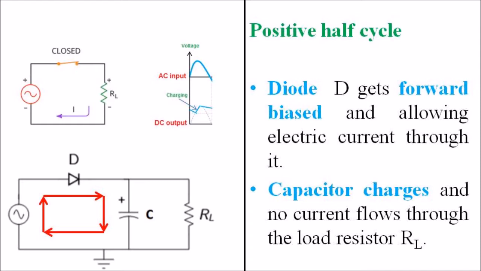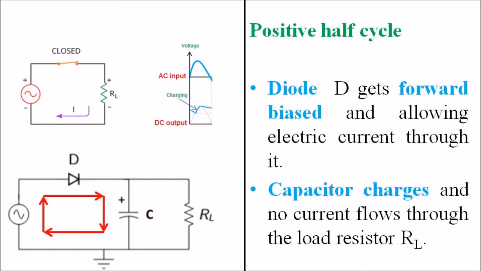During the conduction period, the capacitor charges to the maximum value of the supply voltage, and when the voltage between the plates of the capacitor is equal to the supply voltage, the capacitor is said to be fully charged.